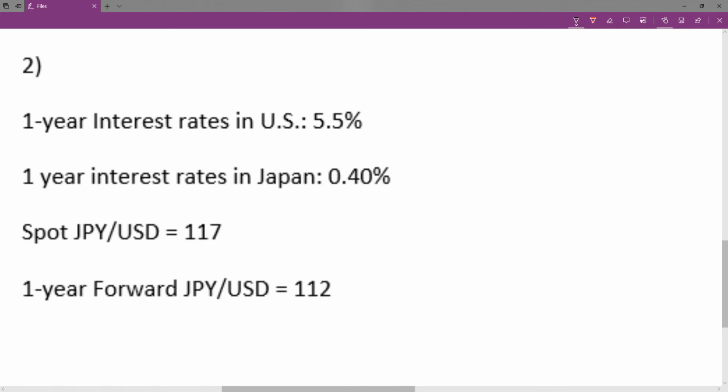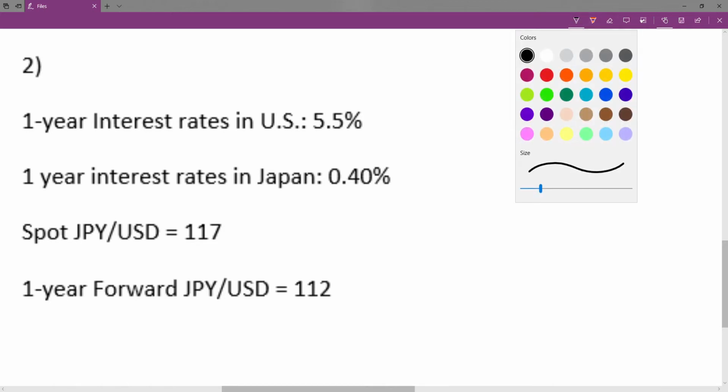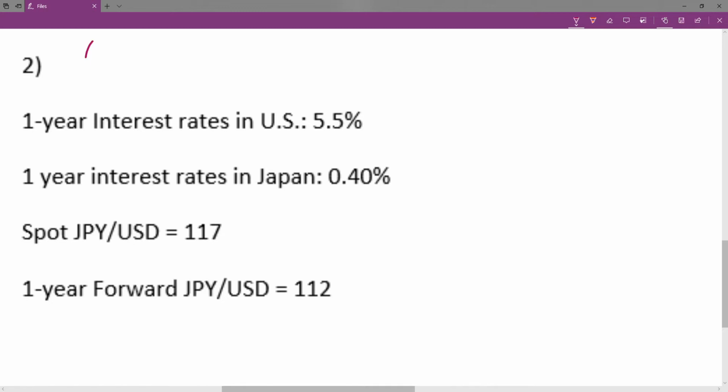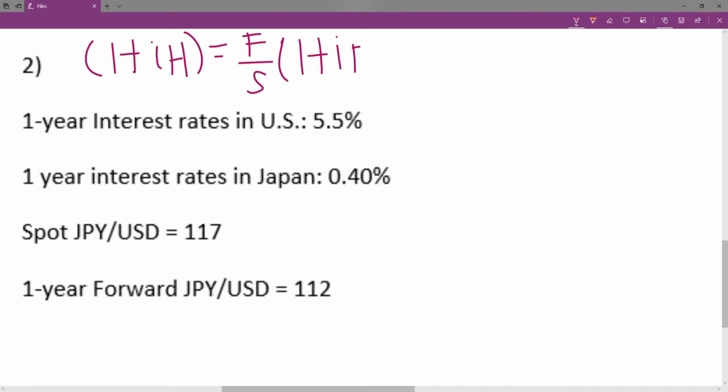Let's find our arbitrage opportunity. So let's do IH equals forward over spot, parentheses, I plus 1 plus IF. Okay? So we're going to start off with the Japanese yen.